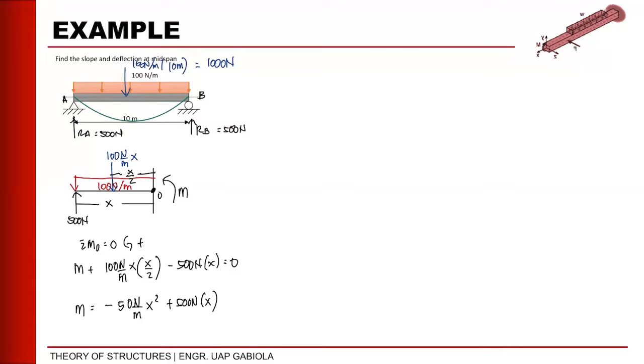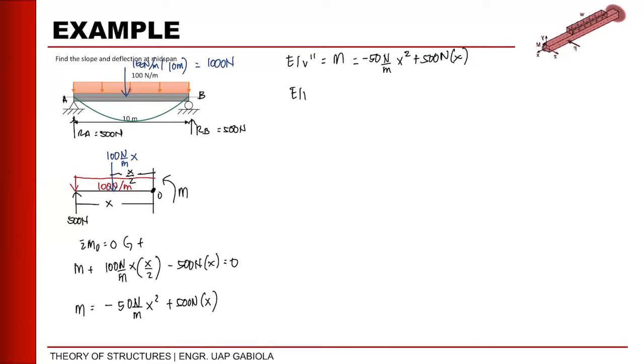So going back to our main equation, EI v double prime equals M. Okay? The value of EI was not given here, so we just assume that EI is constant. So, EI v double prime, I put it here to save space, equals negative 50 Newton per meter X squared plus 500 Newton times X. Okay? So, we integrate.